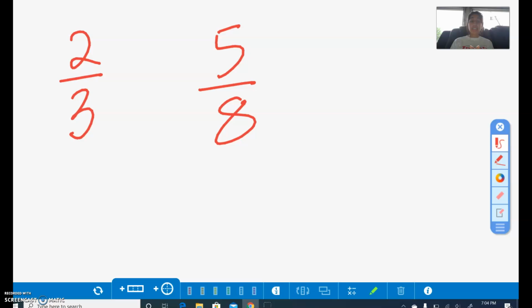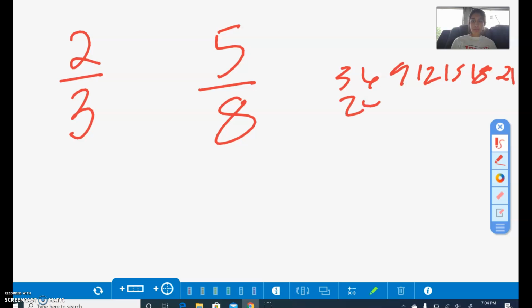We can do this by listing the multiples of 3 and 8 and seeing what they have in common. So if we list out 3, 6, 9, 12, 15, 18, 21, 24, and I'm going to stop there. And I'm going to start listing the multiples for 8. 8, 16, 24, and I realize that there's something they have in common.